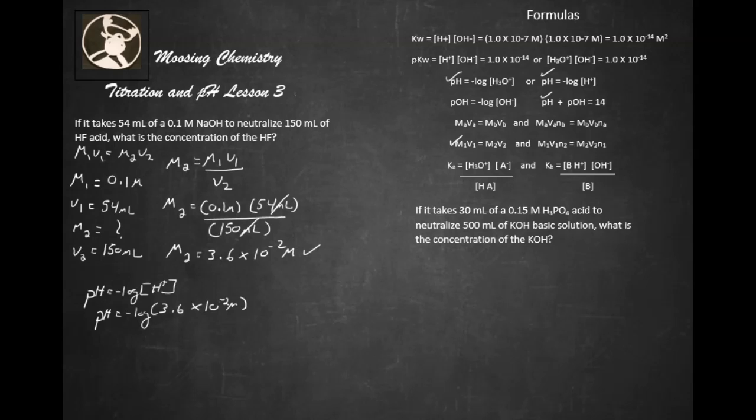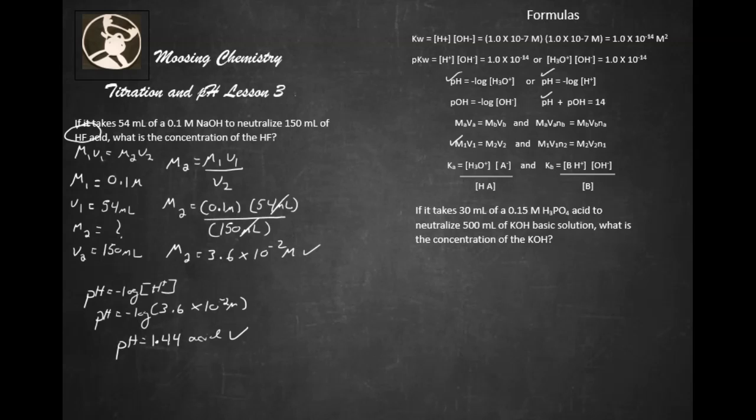I take my calculator and see what I get. And I get 1.44 for the pH. And that makes perfect sense, because that makes this a very strong acid, and that's what HF is. HF is a very strong acid.